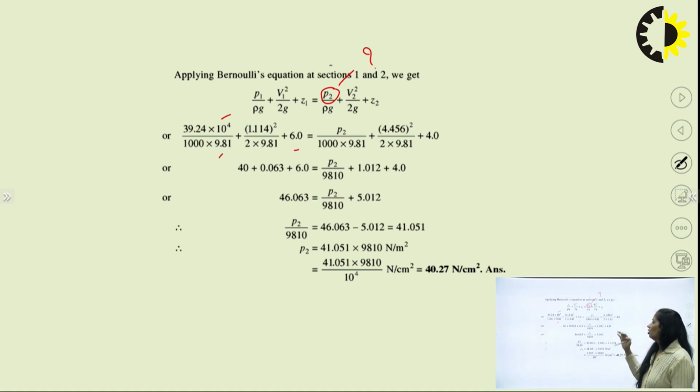Put all the given or calculated terms in this equation and solve it for P2. And finally you are going to get P2 as 41.051 multiplied by 981.10 Newton per meter square, or you can write it as 40.27 Newton per centimeter square.